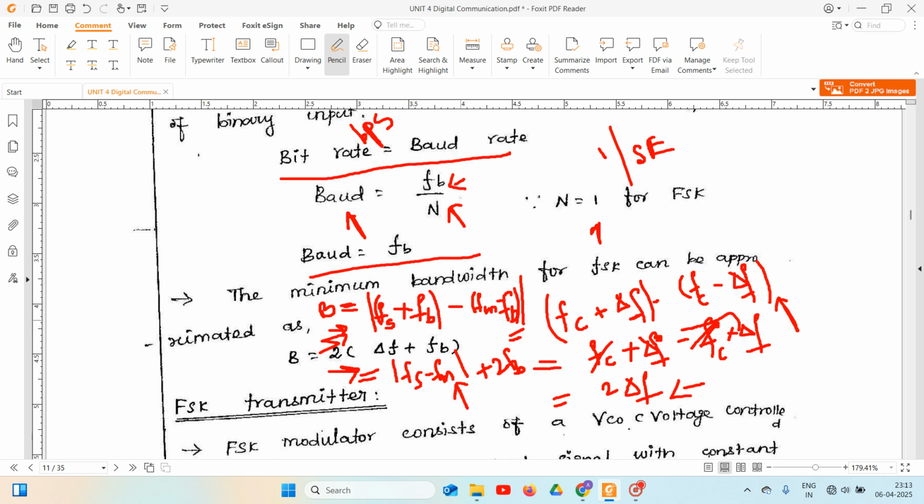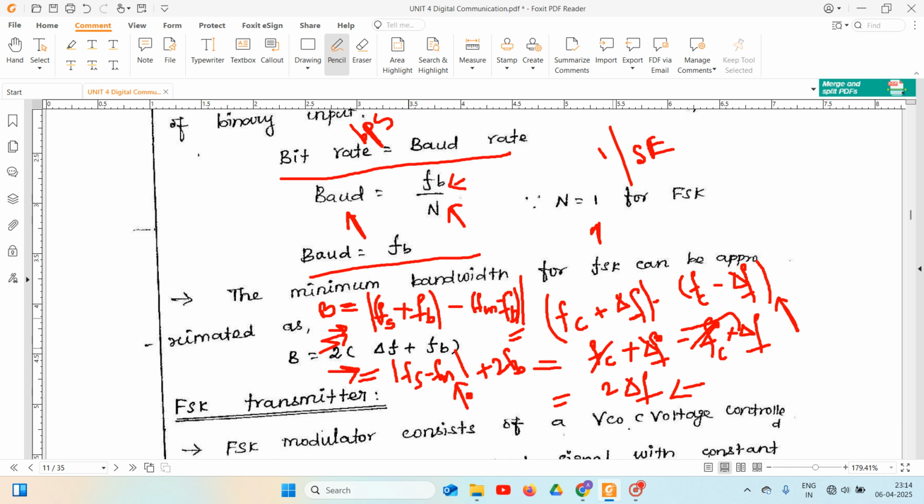If we modify this equation, we will get Fs minus Fm plus 2Fb, right? Here Fs minus Fm is 2 delta F. What is Fs? Fc plus delta F. Sorry, Fc minus delta F.